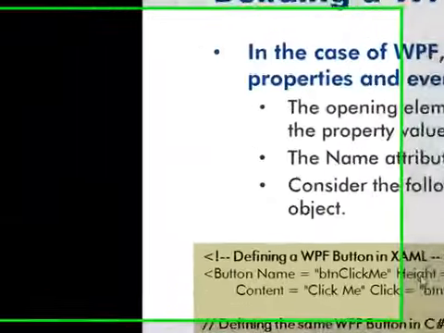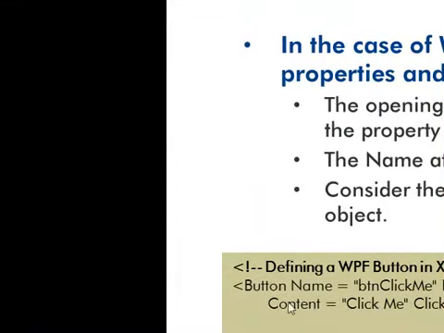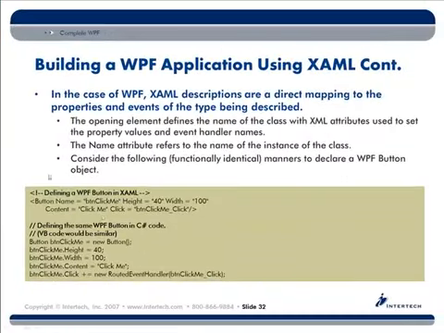I've decided on a height and a width. Here, the content is just a simple blob of text. But remember the other button with the graphic inside of it? Remember, content can be anything you want. And then I've also handled the click event. Well, down below, here's the exact same button put together entirely in C# code. So they're just two sides of a coin here.